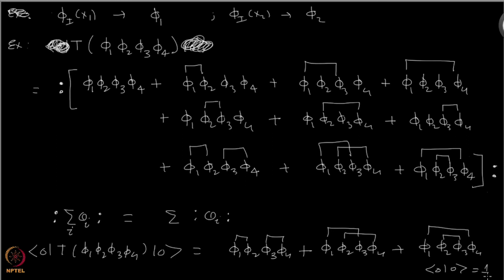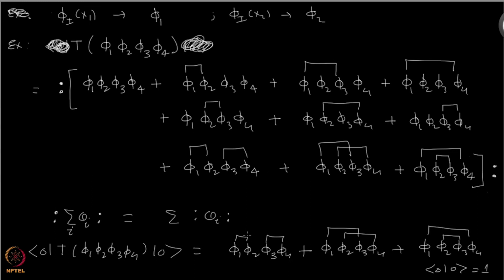You see that our problem has now reduced to writing the time order product of several fields in terms of normal order, because once we do that, all we are left with are these contractions, which are nothing but the propagators.